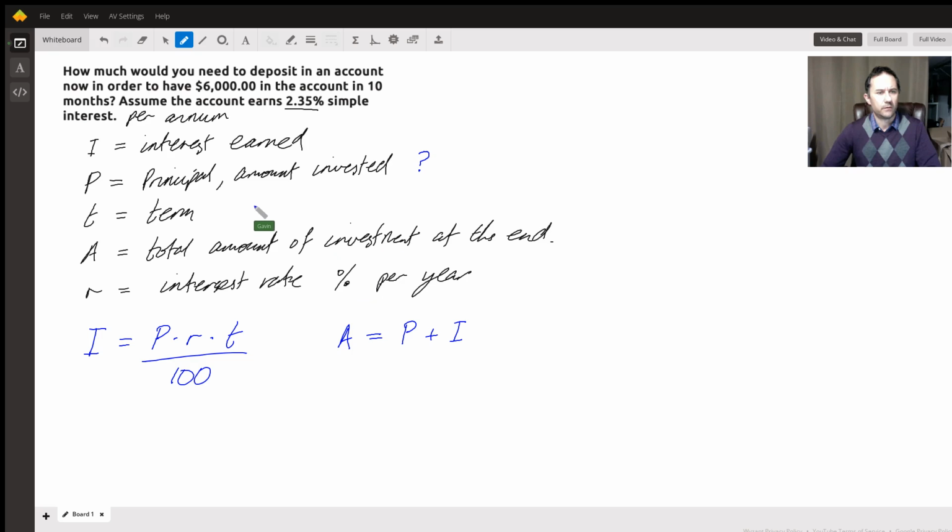The term we know is 10 months, which equals 10 divided by 12 years. The total amount at the end, capital A, is equal to 6,000.